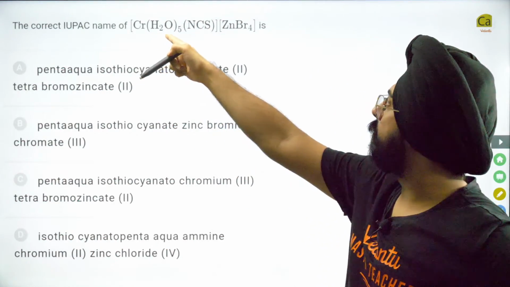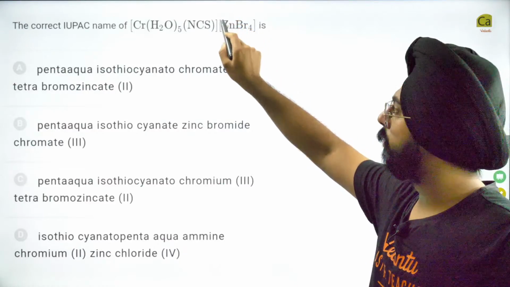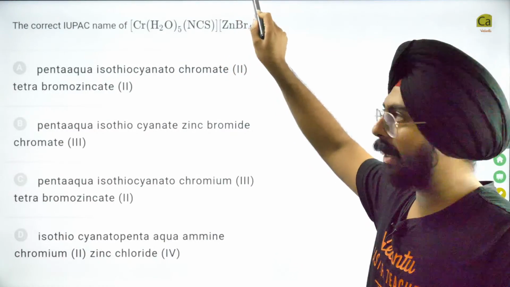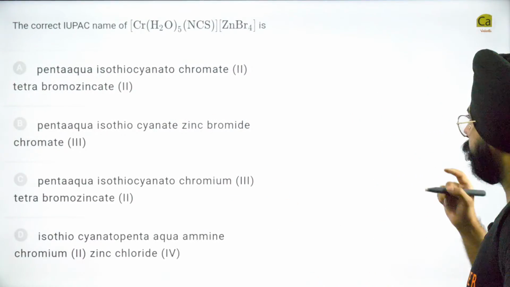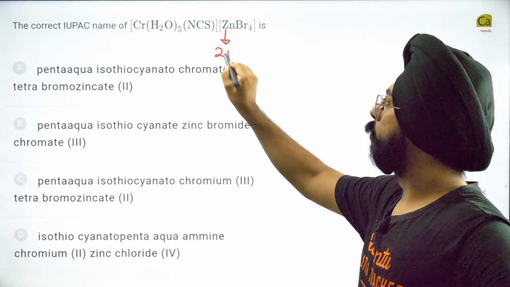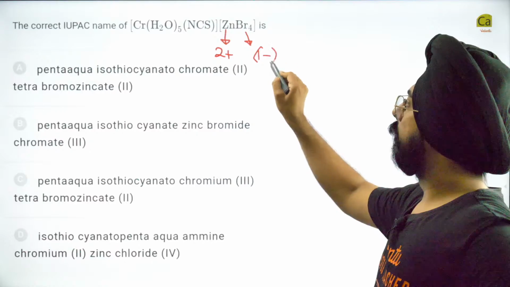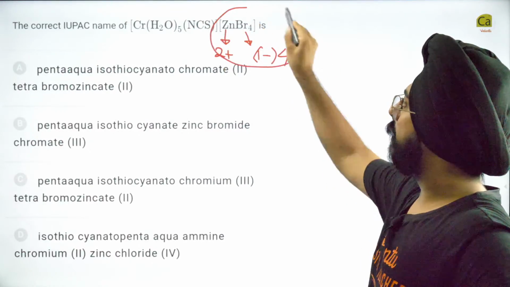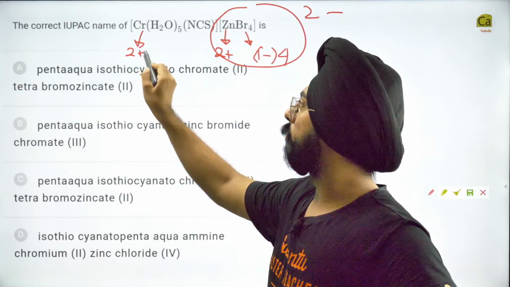What is the oxidation state? Zinc is generally 2 positive, bromine gives 4 negative, so overall 2 negative remain on this structure. Do you understand the logic that I told you? Zinc Br4: zinc is 2 positive, bromine is 1 negative into 4, so 2 negative remain. That 2 negative has to be balanced by chromium, so this is 2 positive.